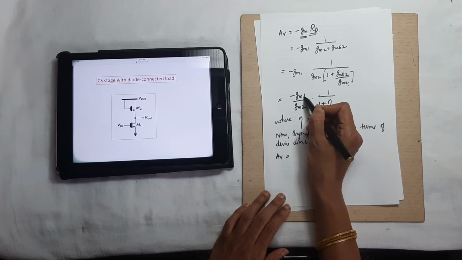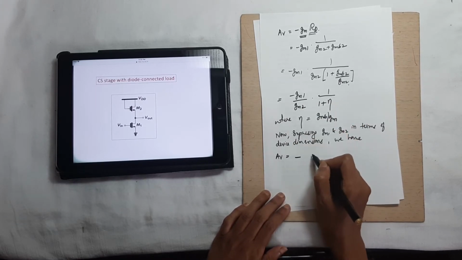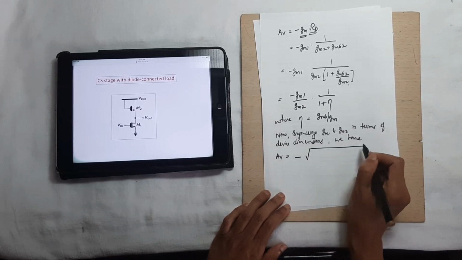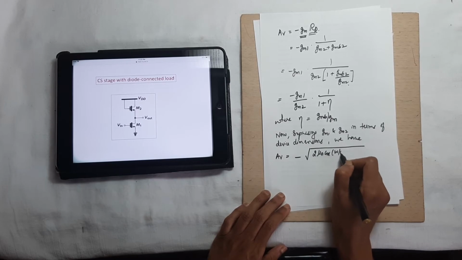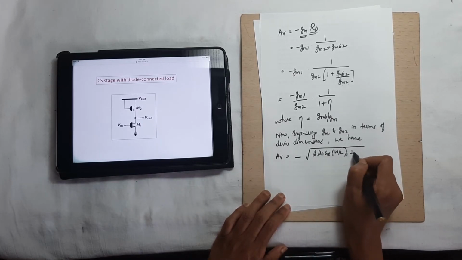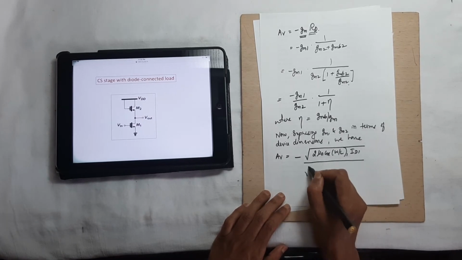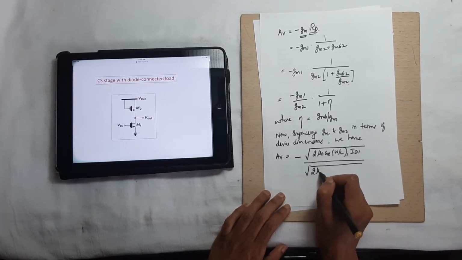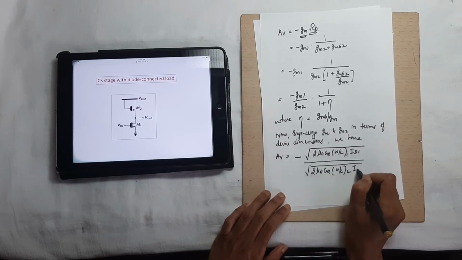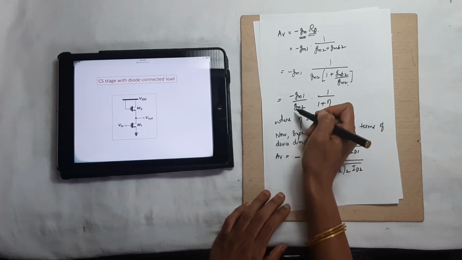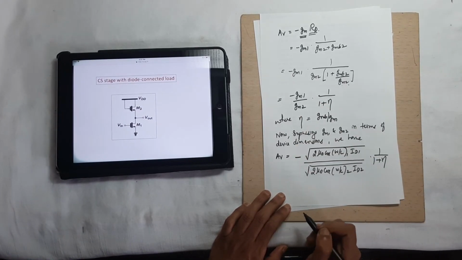Let us write it with respect to GM1 and GM2. So AV is equal to minus square root of 2 mu n C ox W by L of the first transistor multiplied by ID1 divided by square root of 2 mu n C ox W by L of the second transistor multiplied by ID2, that is GM1 by GM2 into 1 upon 1 plus eta.